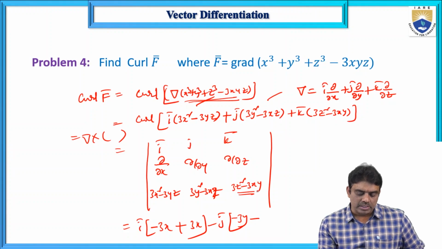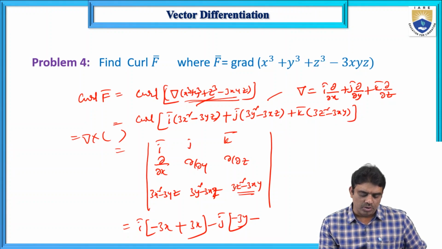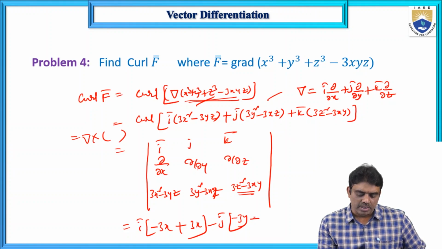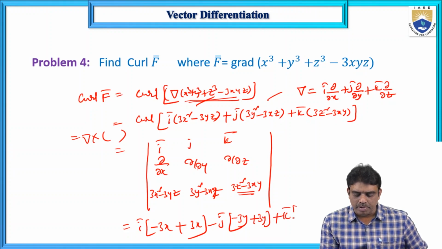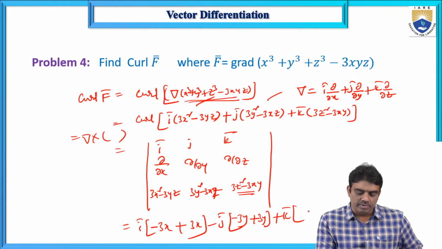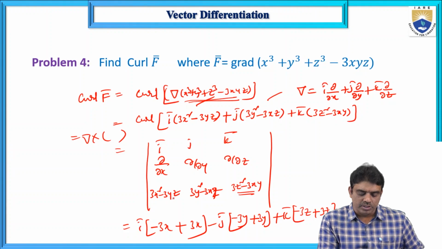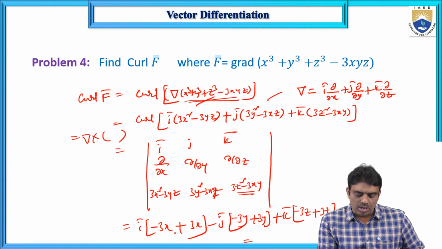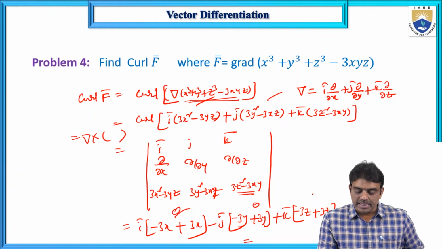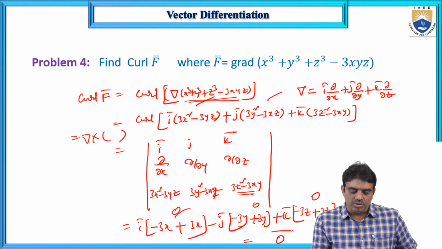Similarly, plus k bar into ∂/∂x of this one, minus 3z, and it is plus 3z. ∂/∂y of this one is 0. So all are zeros: minus 3x plus 3x, minus 3y plus 3y, and minus 3z plus 3z. So all values are equal to 0 bar.